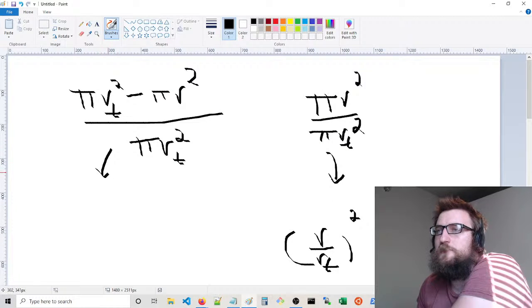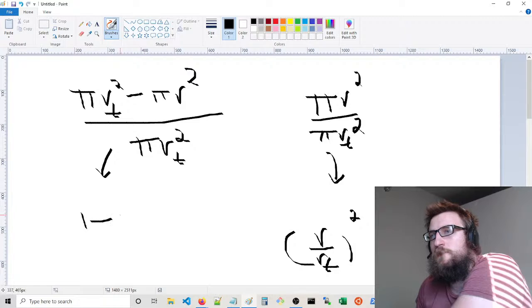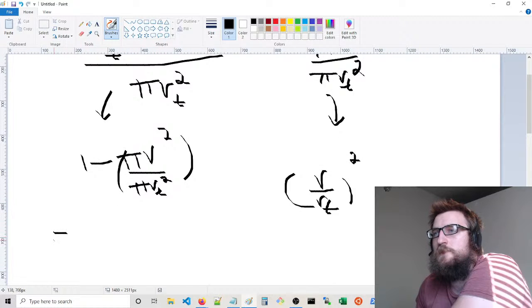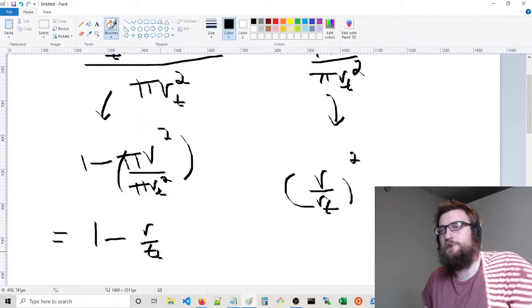And then the probability of picking something that's in between, larger than r but less than the total, is 1 minus pi r squared over, well, it's really 1 minus r over r total, squared.